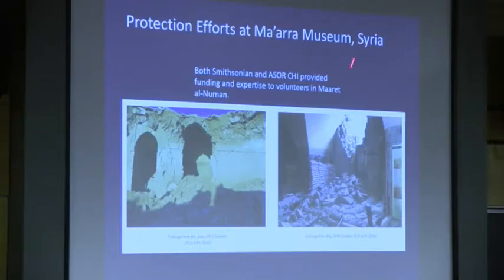Of course, a lot of the building was damaged. After that initial bombing, the State Department, the ASOR CHI project went over and helped them repair, and not repair, but stabilize the broken masonry and add to the sandbags so that we would have more protection.